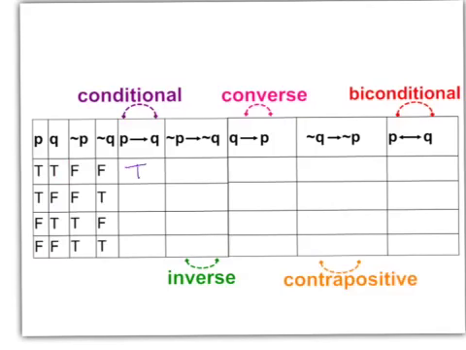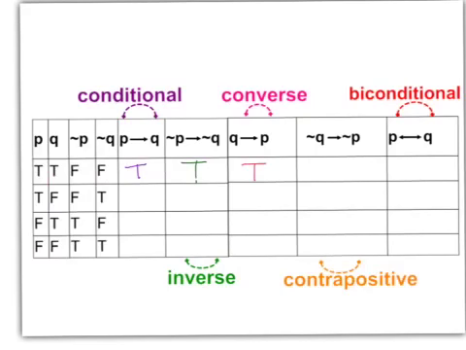When you have something false imply something that's false. So false implies false. In a real example, the inverse is also going to be true. The converse, something true implies something true. So overall, that's going to be true.